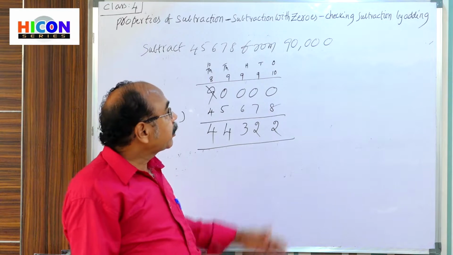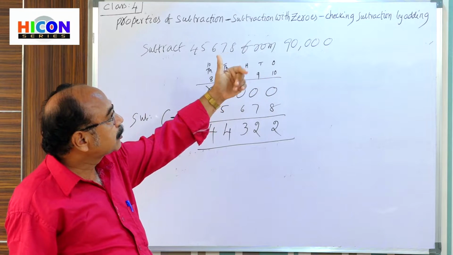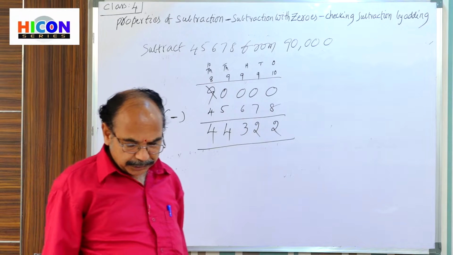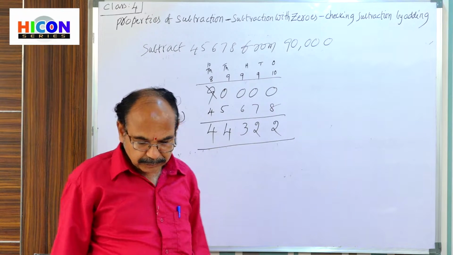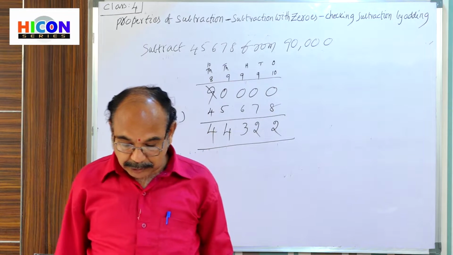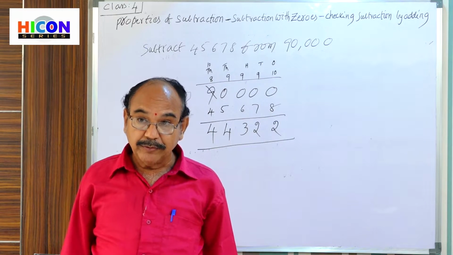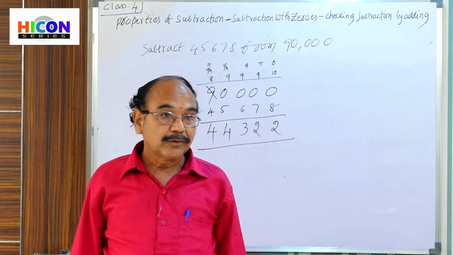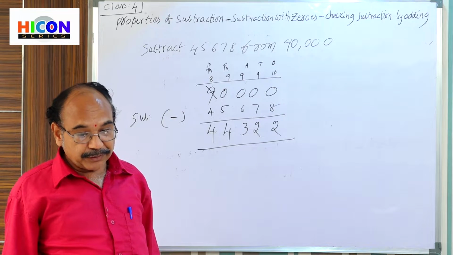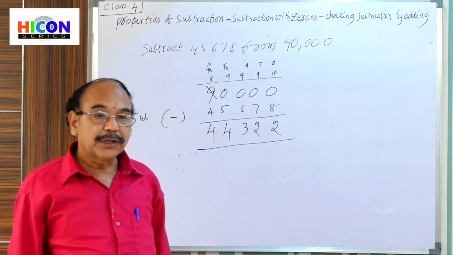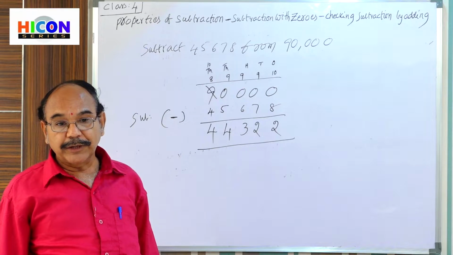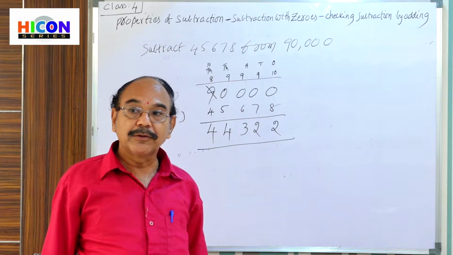Now, let us go for the last one: checking subtraction by adding. To check the answer to a subtraction problem, we add the difference to the subtrahend to get the minuend.